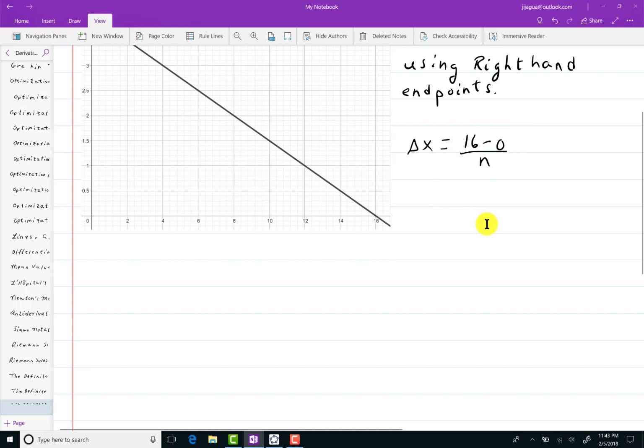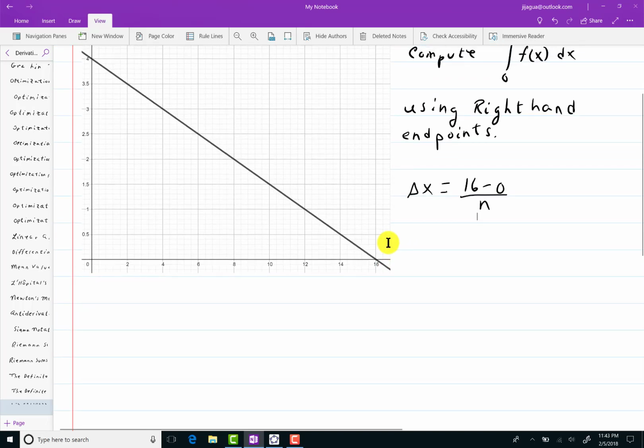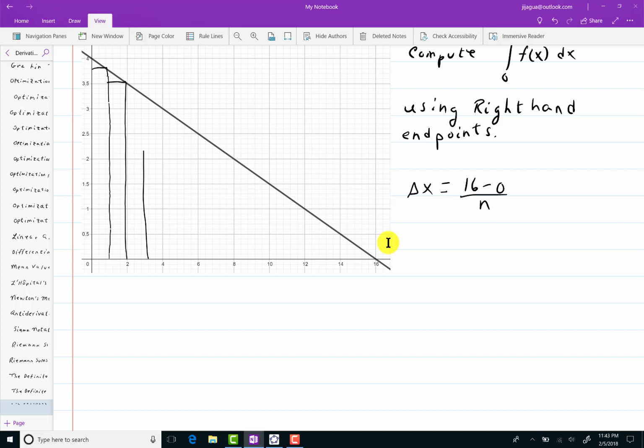And then if we're going to use right-hand endpoints, I don't think it's such a bad idea to have a picture of the graph and to see what those look like. Do you remember they came up like this? You hit the graph, you ran into the graph, and then you moved to the left to get a rectangle. And then this is the way it proceeded, something like this. Well, I don't care about the numbers or anything like that.